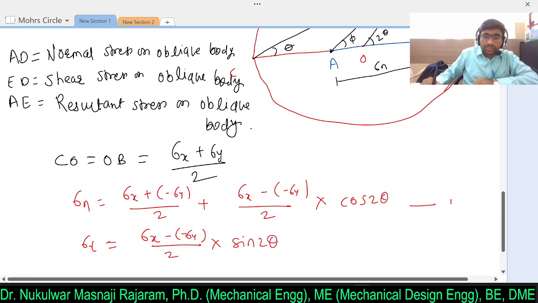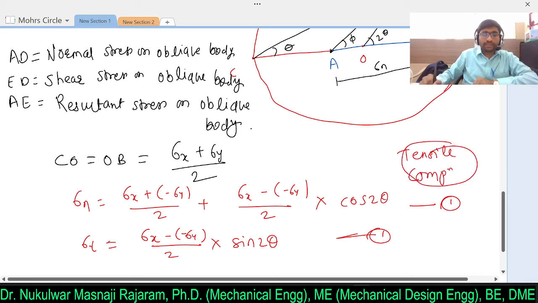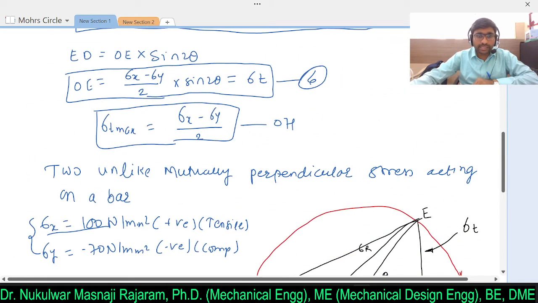So these two equations are valid for this particular case, in which one stress is tensile, another stress is compressive. Clear? So this is the second case.